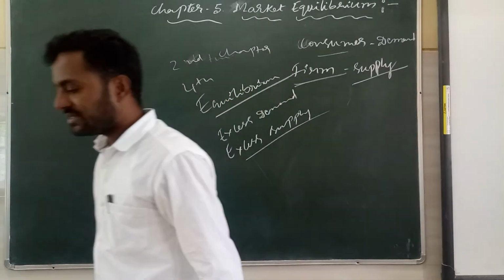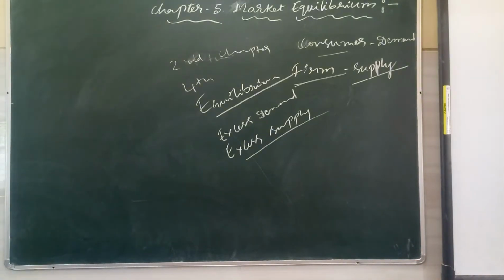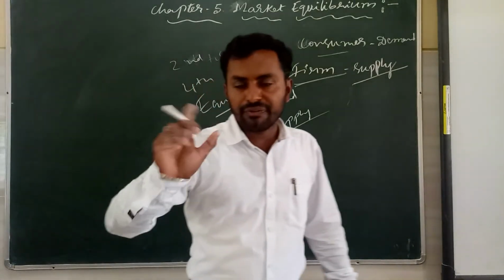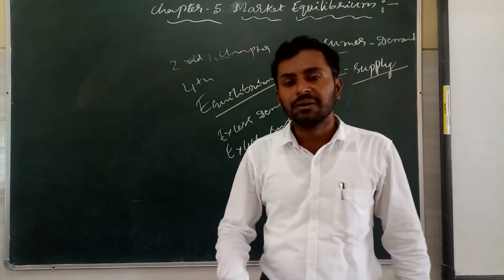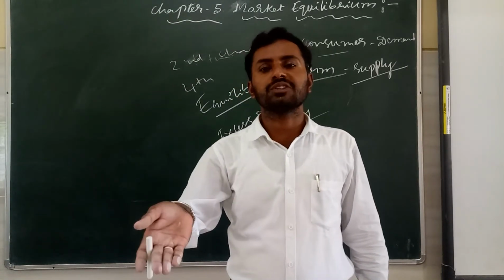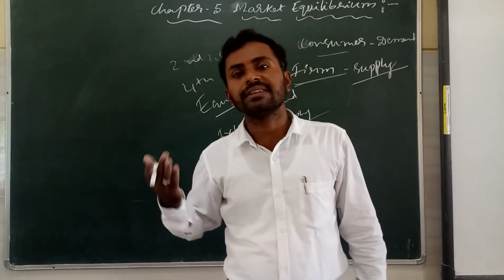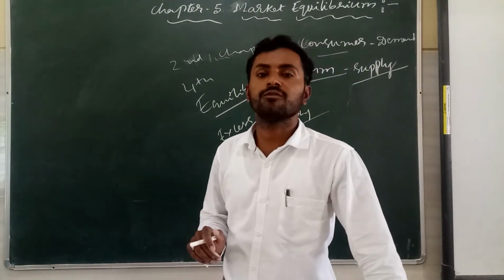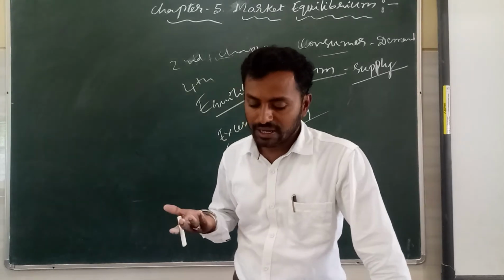All markets other than perfect competition are called what? Price makers. Only the perfect competition market is the price taker. Other than perfect competition, the markets are price makers. A perfectly competitive market consists of what?